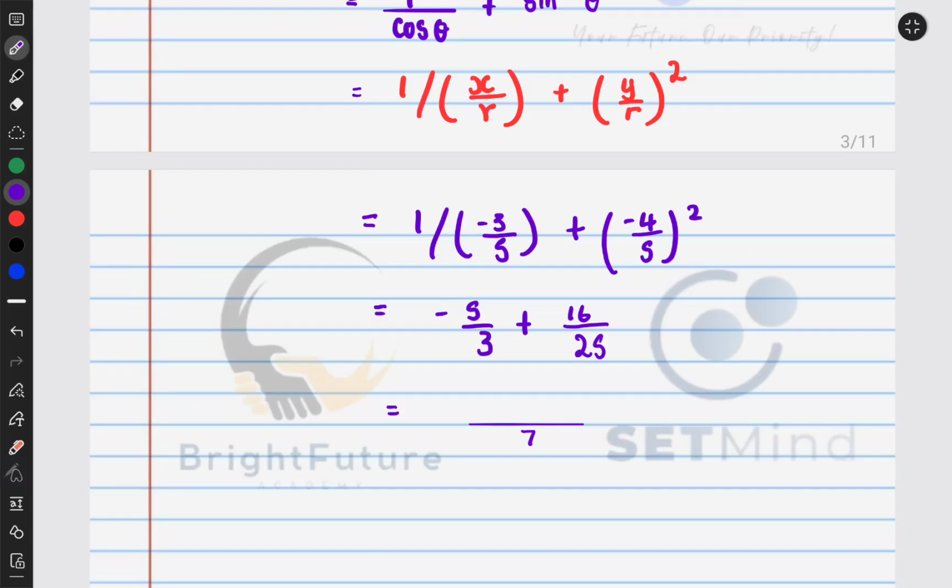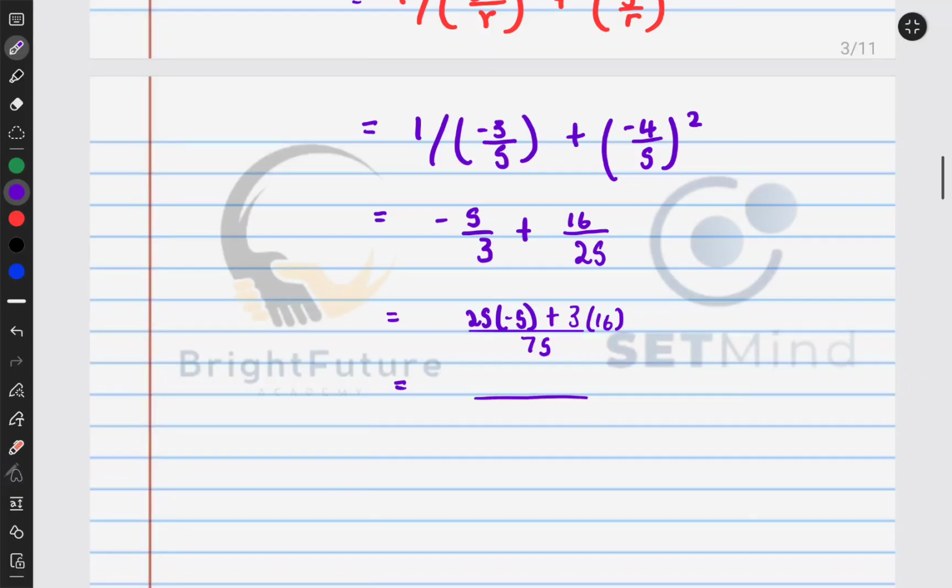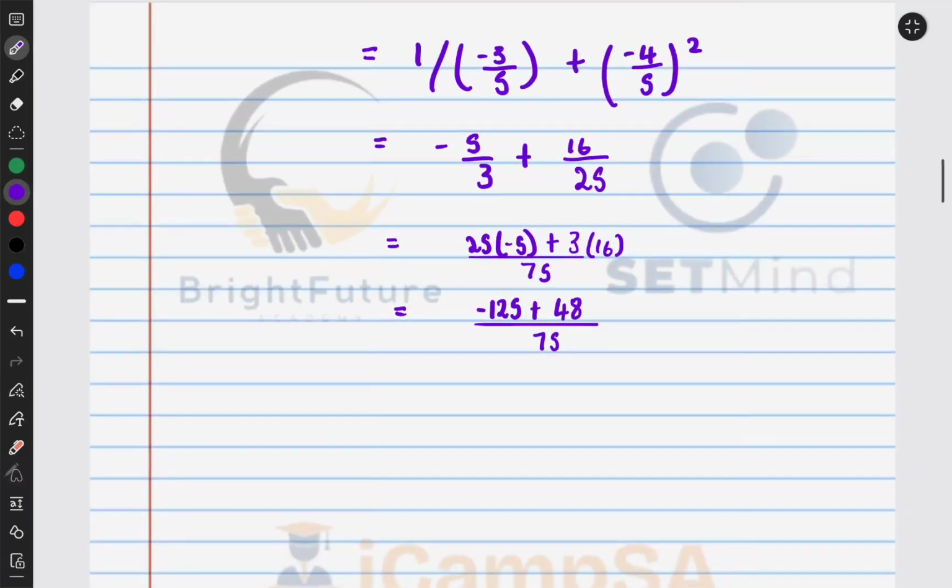How many times does 3 go into 75? It goes 25 times, so we have 25 multiplied by -5, plus 25 into 75 goes 3 times, so 3 multiplied by 16, over 75, the denominator. 25 multiplied by -5 is -125, plus 3 multiplied by 16 is 48.